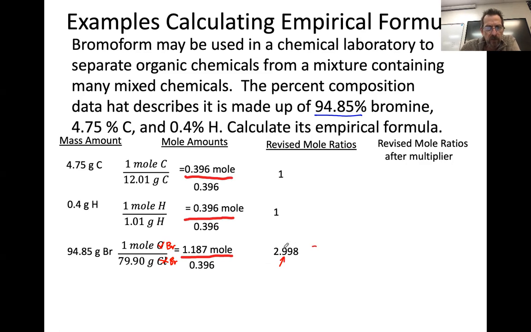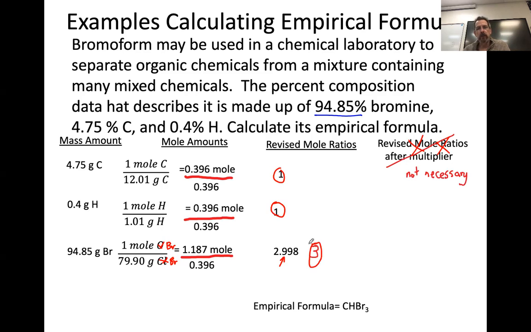It's 0.1 away to go from 2.9 to 3, but look, that's even closer than that. So we're going to accept that as the whole number 3, and we're not going to have to worry about multiply till whole. We have 3 whole numbers already that we can accept. So the ratio: 1 carbon, 1 hydrogen, 3 bromine, and that's how we deal with what we call empirical formula.